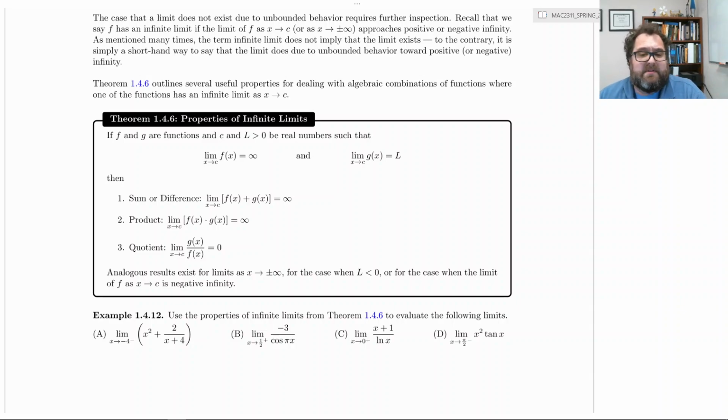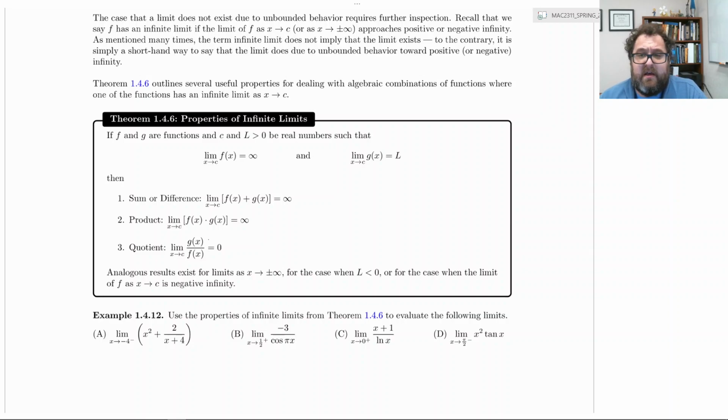The quotient property is a little different because here we're assuming that the denominator is the infinite limit and the numerator is the finite limit. If the numerator is finite but the denominator is infinite, then that has to go to 0, because we have a finite number divided by a value that's increasing off to infinity. Anytime you have finite divided by infinite, that limit has to tend towards 0.